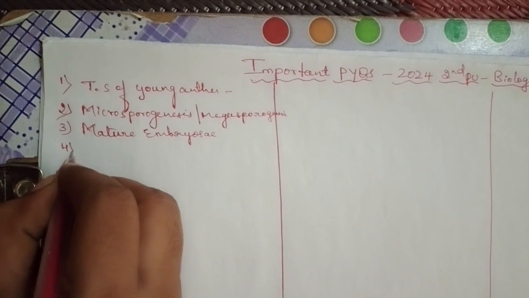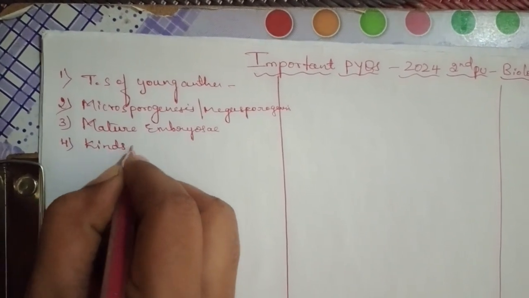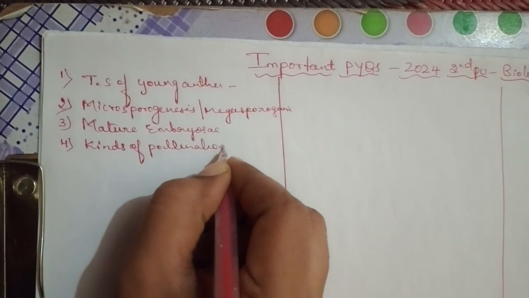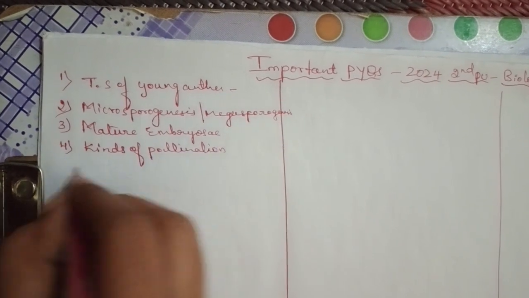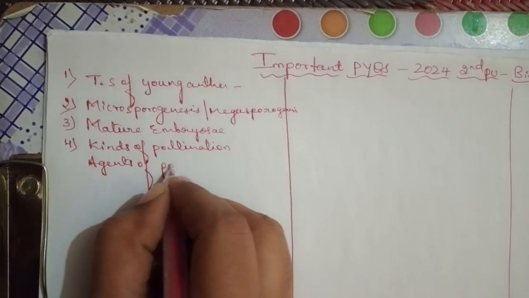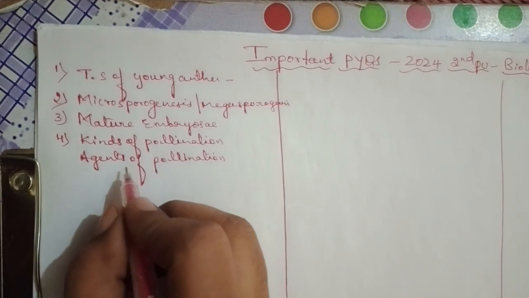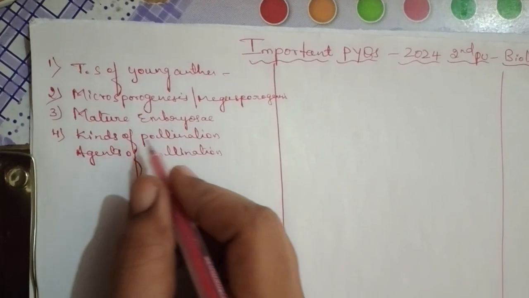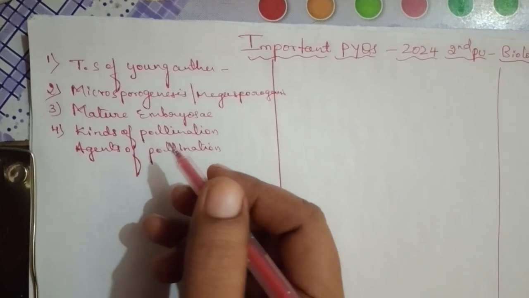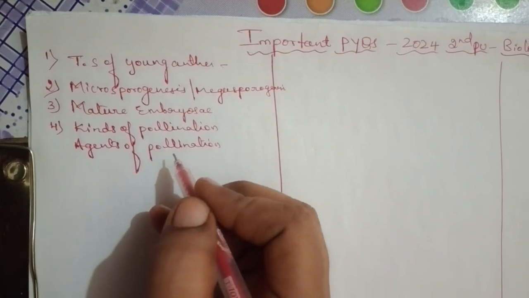Followed by that, the most important is the kinds of pollination, along with the agents of pollination. Here you can get 1 mark based questions on the types of pollination, especially examples for chasmogamous, cleistogamous, xenogamous, and pollination occurring through wind and water.